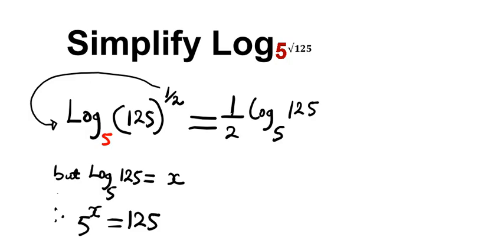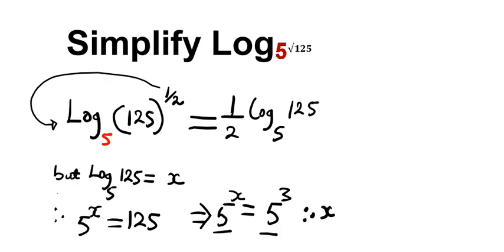This is going to be 5 raised to power x is equal to 5 raised to power 3, because when you multiply 5 into 3 places, you are going to have 125. Since they have the same base, 5 is here, 5 is here, you are going to equate the power. So we now have it that x is equal to 3.